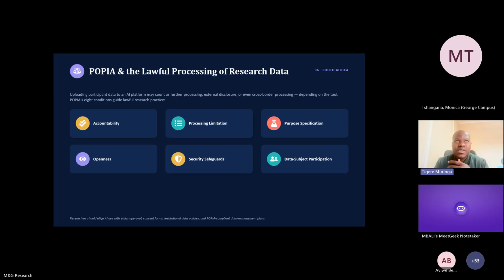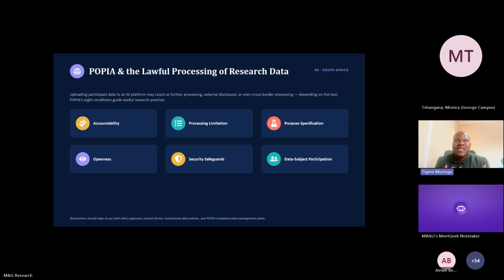It might constitute external disclosure or cross-border processing, depending on the tools and their infrastructure. POPIA's 8 lawful processing conditions require researchers to justify why personal data is being processed. They also limit the processing to what is necessary and collected for a specific purpose, require security safeguards, and allow data subject participation.